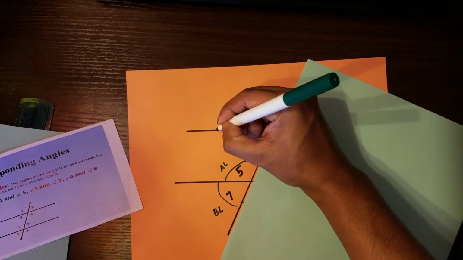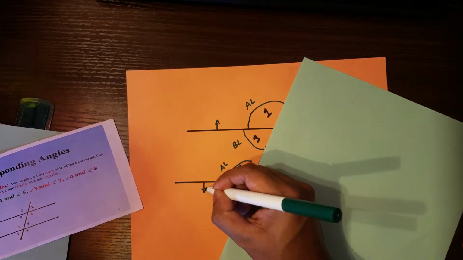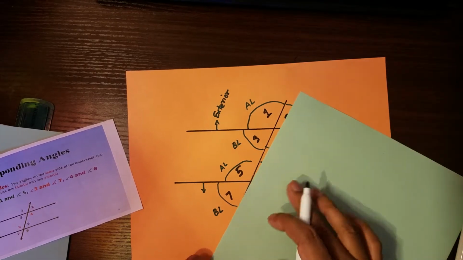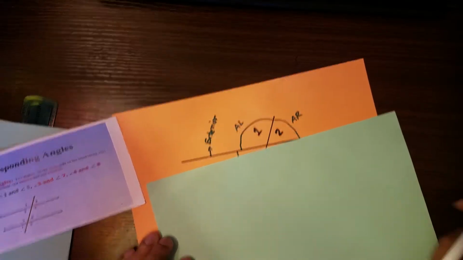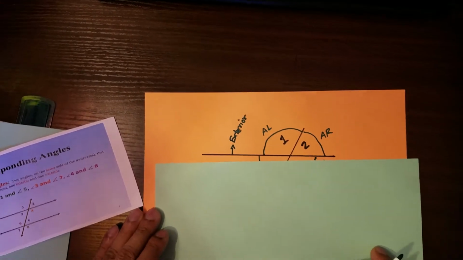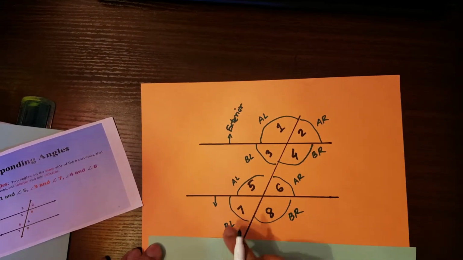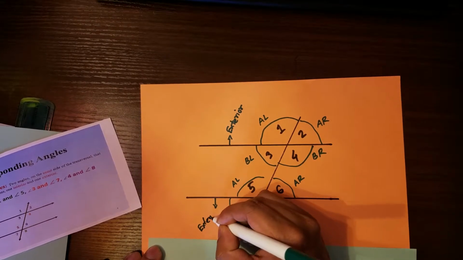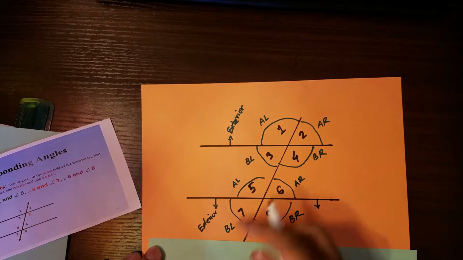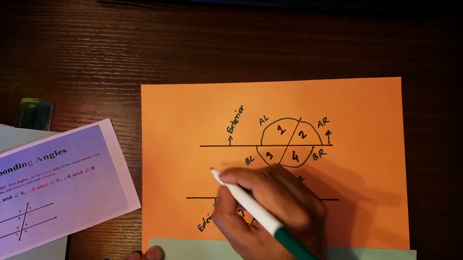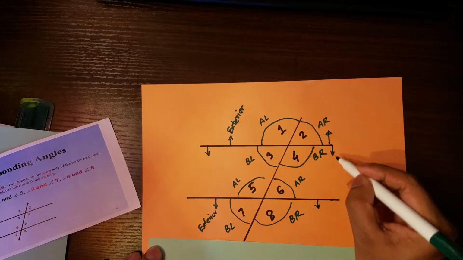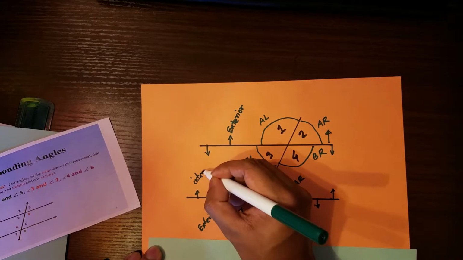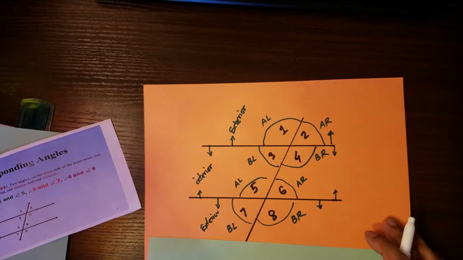Exterior: remember, all the angles that are outside the parallel lines are called exterior angles. So you can see we have exterior angles 1 and 2, and also exterior angles 7 and 8. All the angles outside the two parallel lines are exterior angles. Angles that are inside the two parallel lines are called interior.